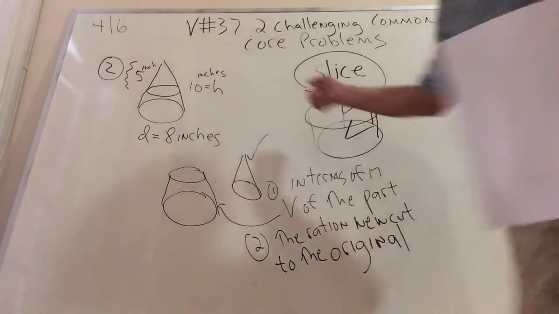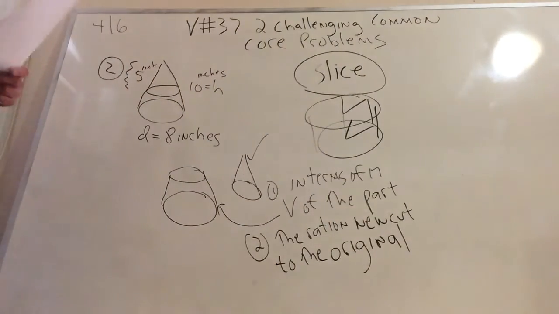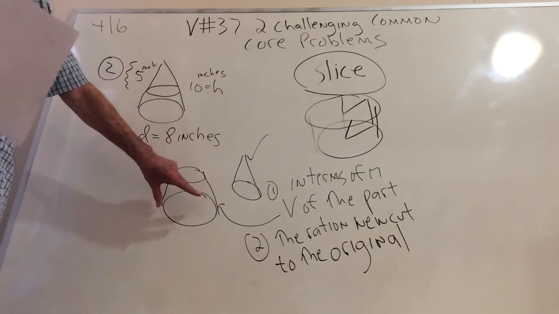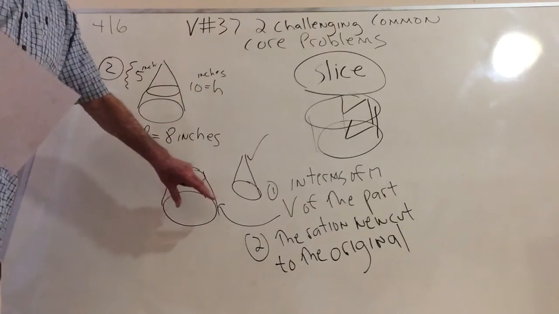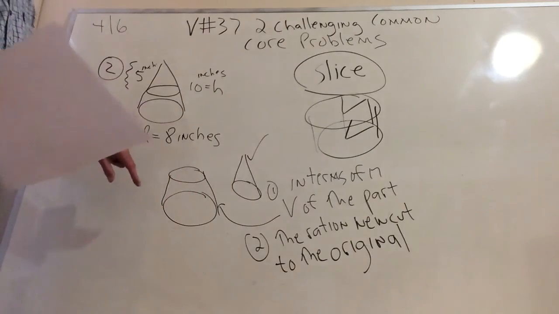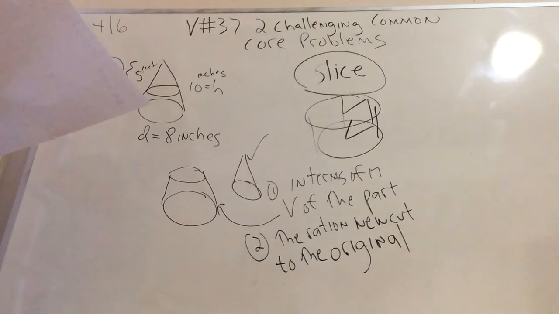The idea is that you slice this perfectly horizontal, and you can see the result over here. So you might have what you might call the stump, or the stub here of this. And then you're trying to figure out what this is. And then secondly, you'd want to compare the big guy to the little guy. But I think I wrote it the other way, right?